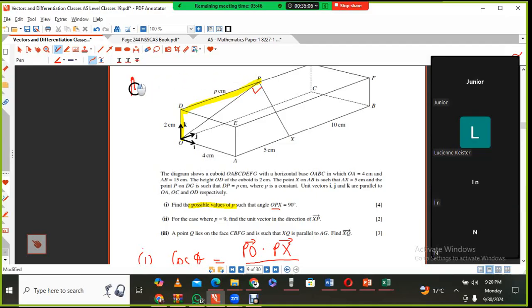Give it to me: 0 i, minus P, and then minus 2. Are there people who don't get it?